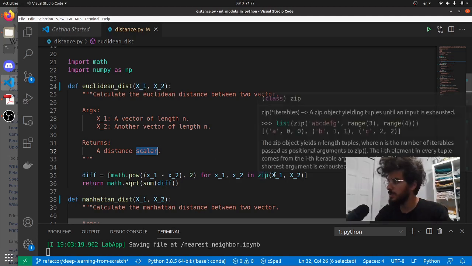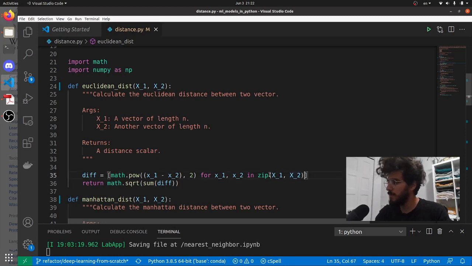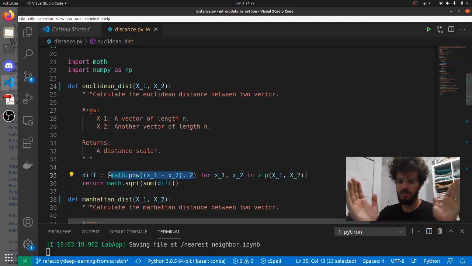So what we're doing is iterating over both vectors, taking each dimension one by one, literally the scalar x1 and scalar x2. Then we calculate the difference exponent 2 over here, and create an array of all of these differences.